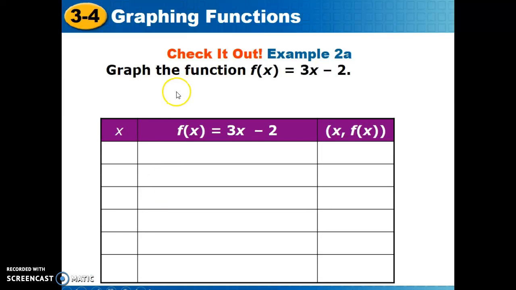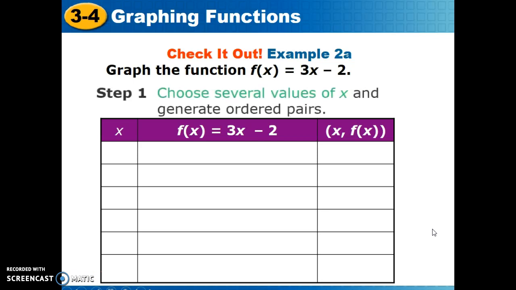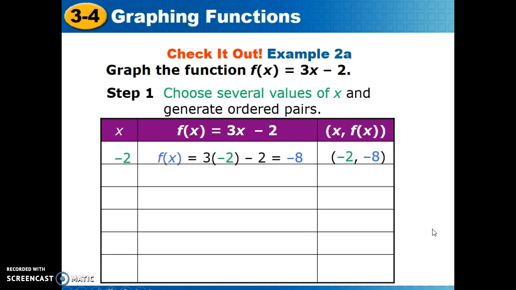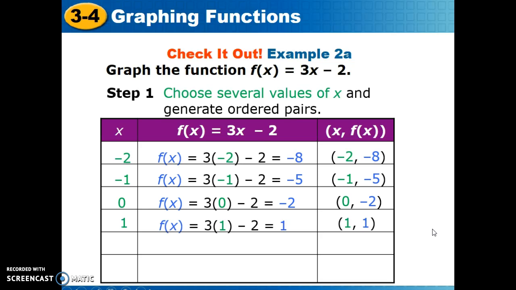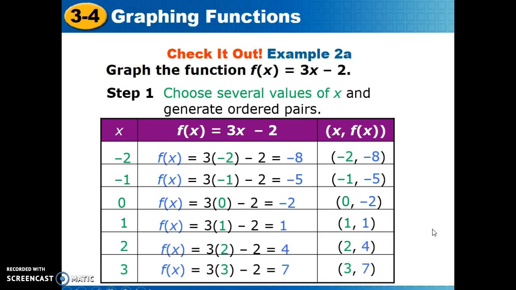Let's graph this function. By just saying graph, it says to you we're using all real numbers for the domain. You get to choose the x values that you want. Remember, let's focus it around the origin and the y-axis. Come back when you're ready to check your answer. So, values around the y-axis could be -2, -1, 0, 1, 2, and 3.